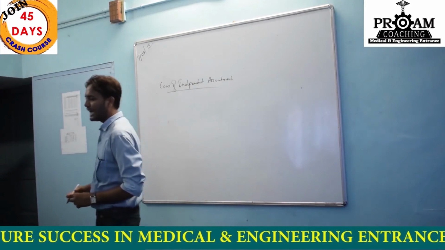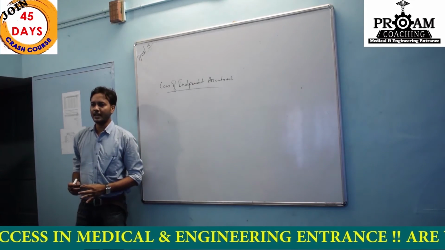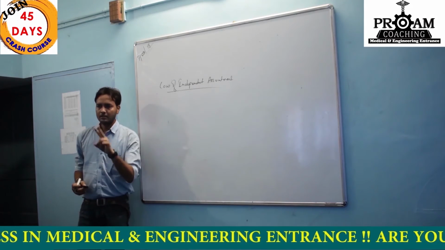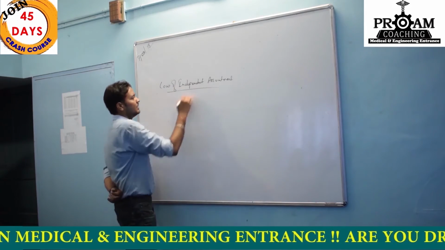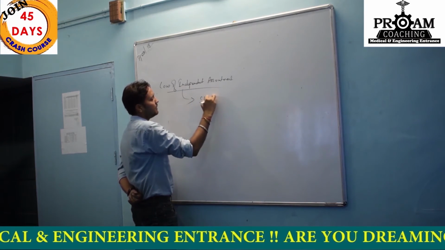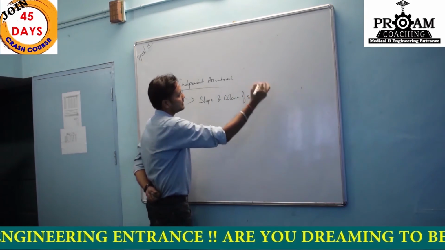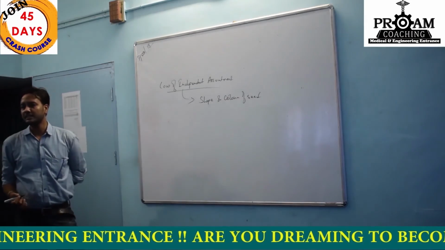Is that clear? So dihybrid बोला मैंने, तो कितने कैरेक्टर्स होंगे गौरव? 2 कैरेक्टर होंगे, है कि नहीं? So मेंडल ने क्या किया था? Mendel took an example of shape and color of seed. Which seed? Pea seed.